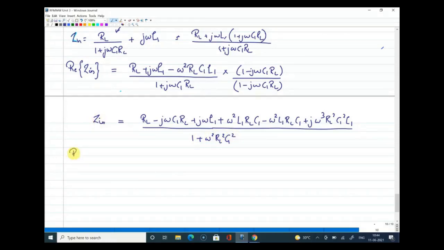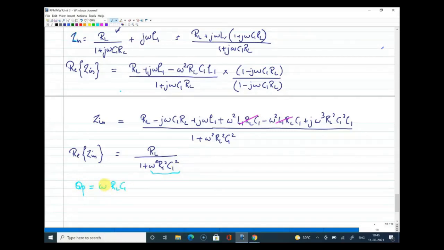Now, if I write the real part of the impedance from this, in the numerator you have only one term because these two terms get cancelled. All the other terms have a j component. So the real part of the impedance is RL divided by 1 plus omega square RL square C1 square. If I look at the denominator, specifically at the factor omega into RL into C1, you can identify that as the Q factor of a parallel RC network of value RL C1.